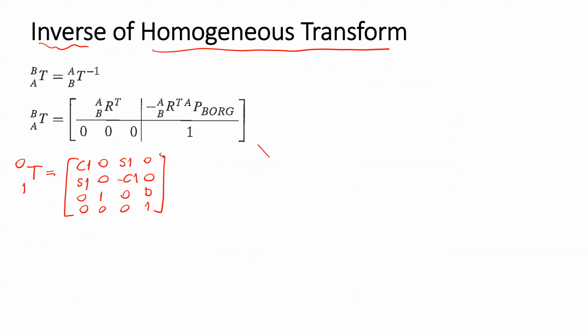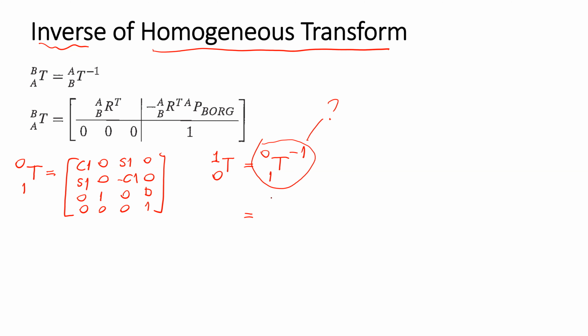If we know the homogeneous transform of link 1, what is the 0 with respect to 1? It will equal to the inverse of 1 with respect to 0. So how can we obtain the inverse homogeneous transform?